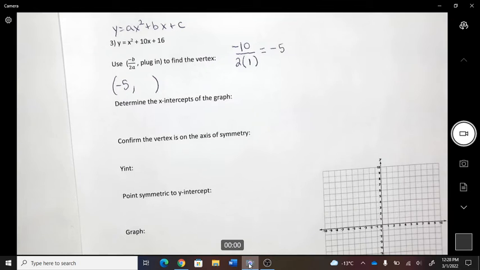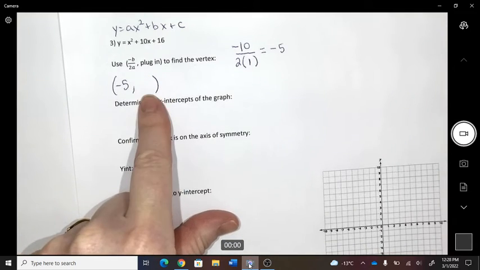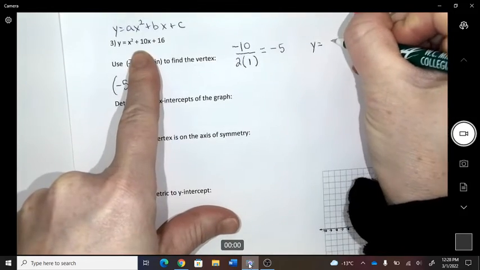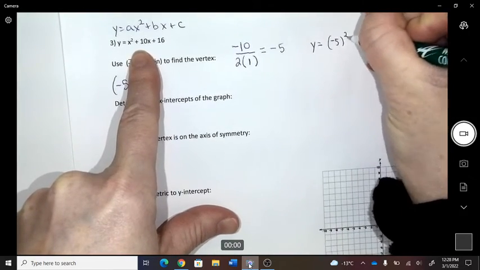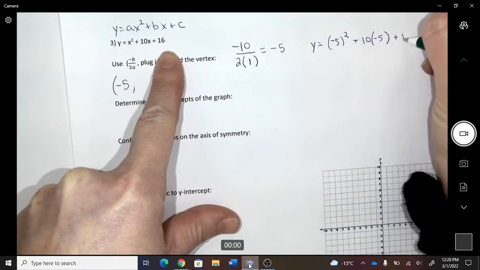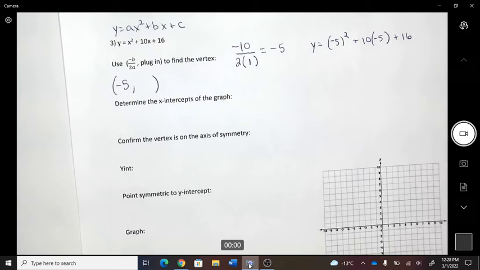Okay, what do I do to get that? So I'm going to have to go plug in negative 5. So y equals negative 5 squared plus 10 times negative 5 plus 16. Okay, so here's where things might go wrong, our negative math here.